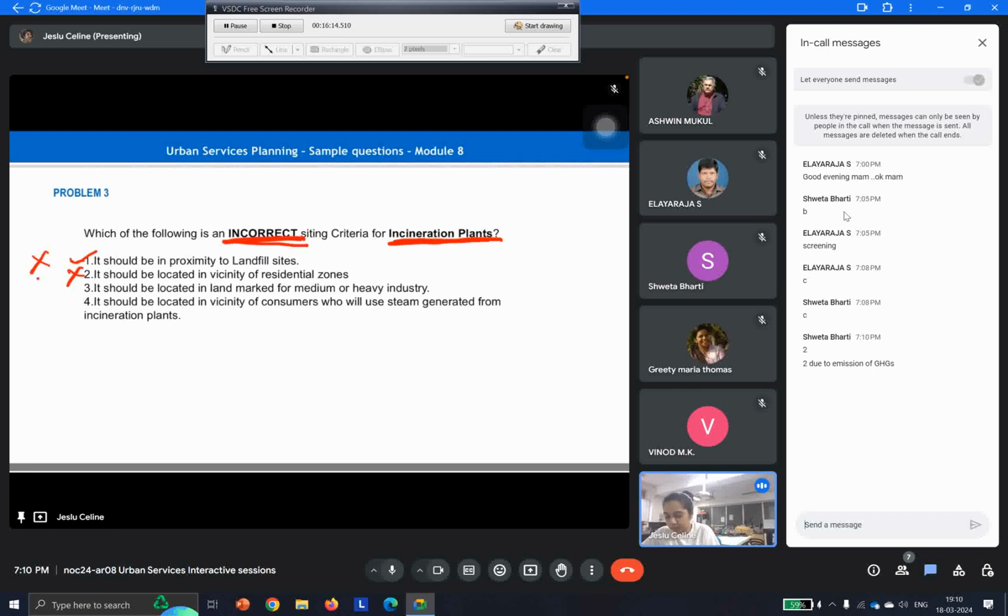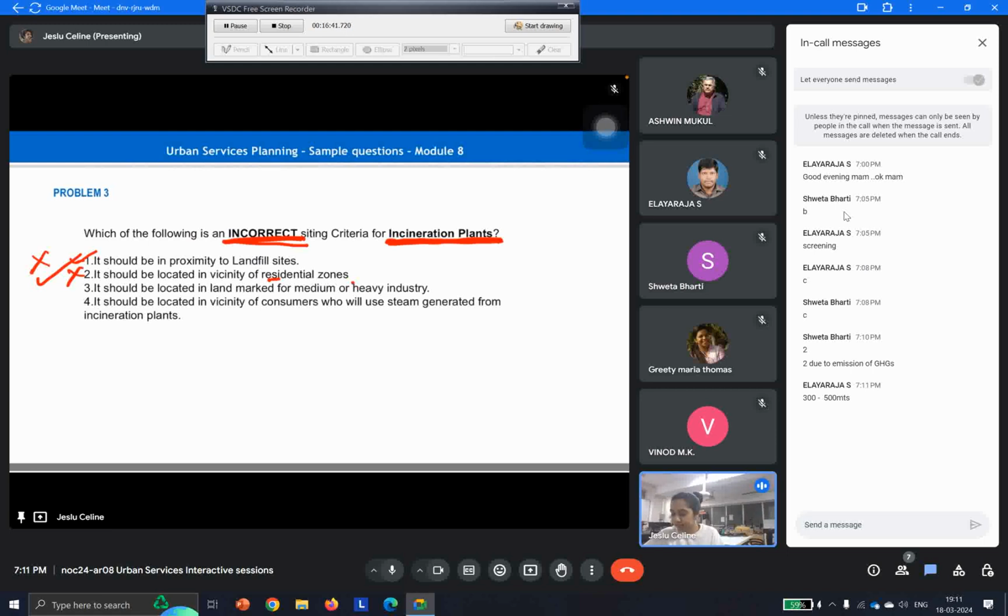This is an incorrect statement, because in incineration, we know that we are burning waste over there, so there is a lot of pollution involved. So if you put it in the vicinity of a residential zone, it's not good. Plus, you don't store a lot of waste for an incineration plant near the residential zone. So with all this put together, it is never put in the vicinity of a residential zone.